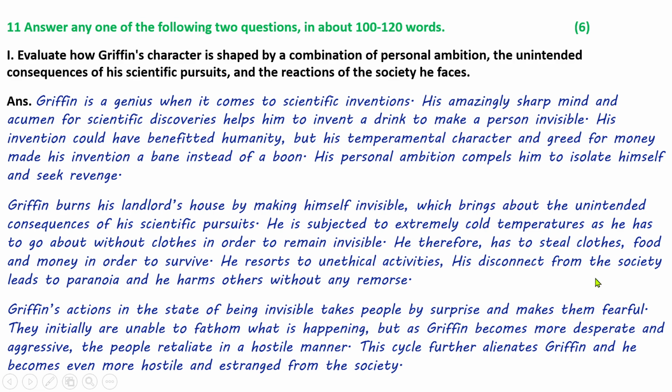His disconnect from the society leads to paranoia and he harms others without any remorse. Griffin's actions in the state of being invisible take people by surprise and make them fearful. They initially are unable to fathom what is happening, but as Griffin becomes more desperate and aggressive, the people retaliate in a hostile manner. This cycle further alienates Griffin and he becomes even more hostile and estranged from the society.